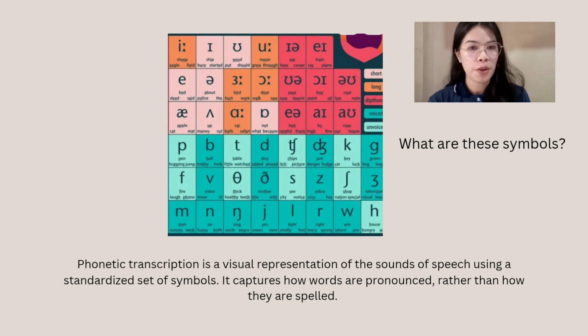So phonetic transcription is a visual representation of the sounds of speech using a standardized set of symbols, and it captures how words are pronounced rather than how they are spelled.